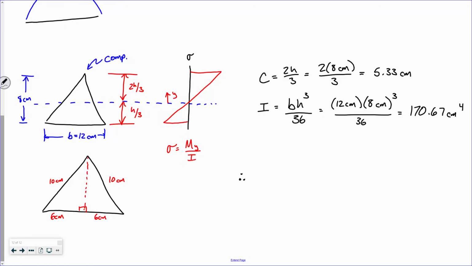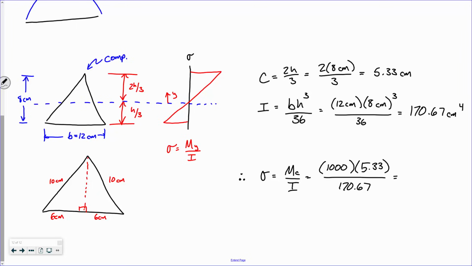So therefore, bending stress is MC over I, or My over I. In this case, we're looking at extreme fiber, so that's C. So 1,000 newton meters times 5.33 over 170.67. Bless you. Now you're probably going, wait, you're being a little sloppy with the units.